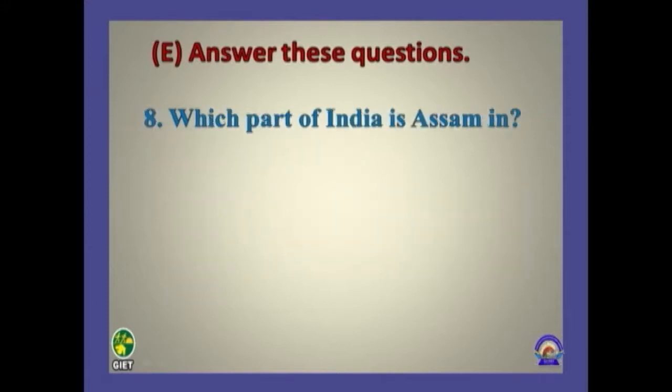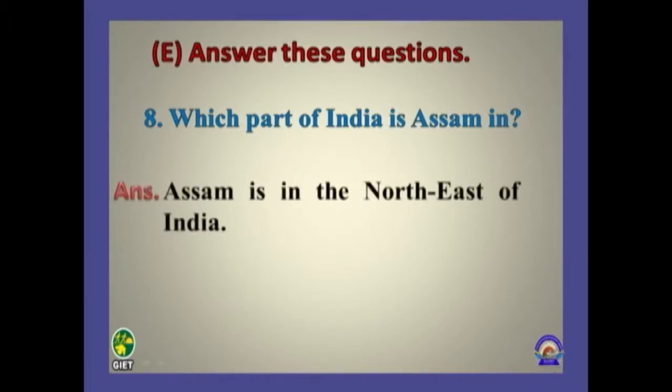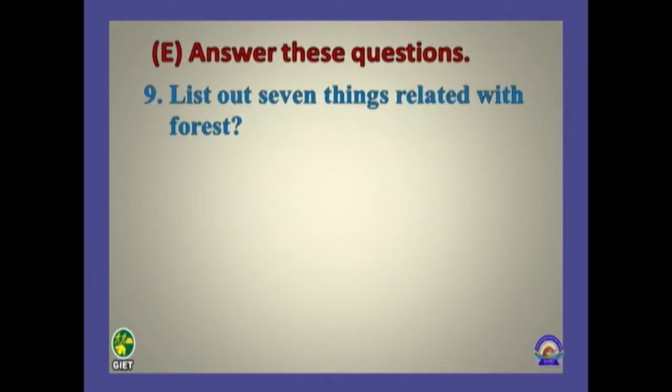8th, which part of India is Assam in? Assam is in the northeast of India. Let's see. 9th, list out 7 things related with forest. There was a forest in the story, so write things related to it.